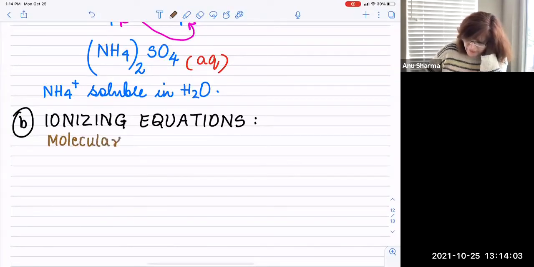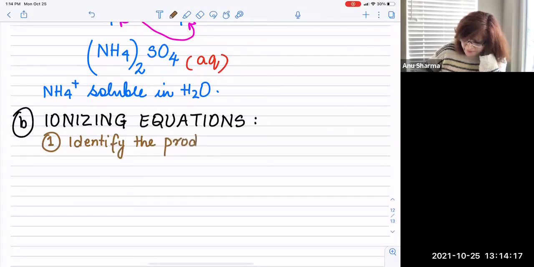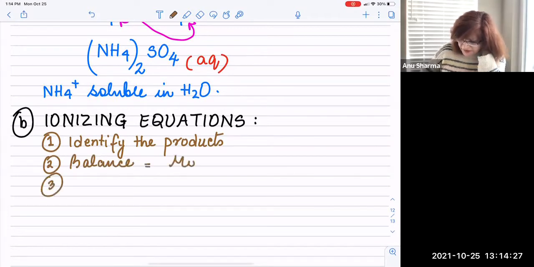Molecular. So in other words, let's do it this way. First is identify. So this will be a review also. Identify the products. Second is balance the equation. So that balanced equation is the molecular equation.